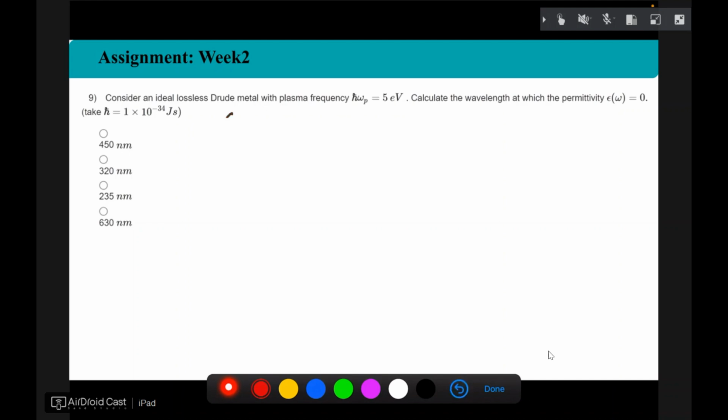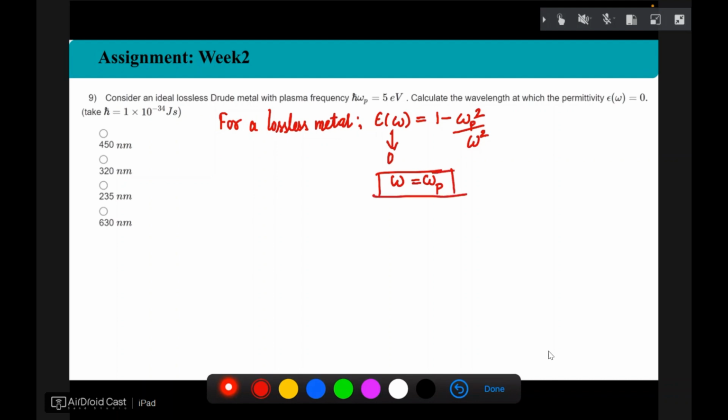So for a lossless metal, epsilon of omega is 0, so it implies that omega is equal to omega p.